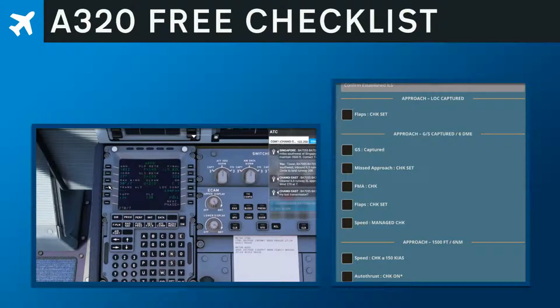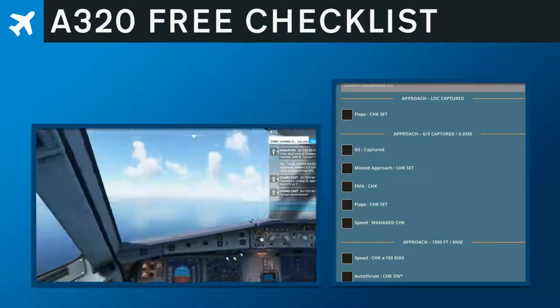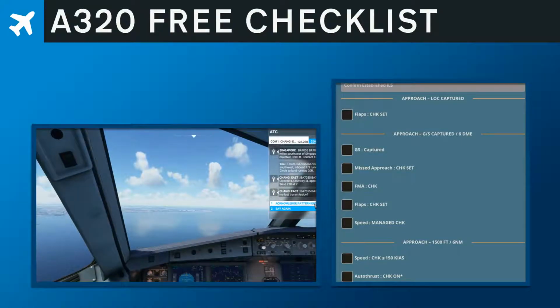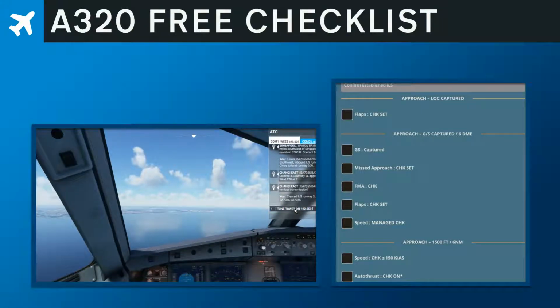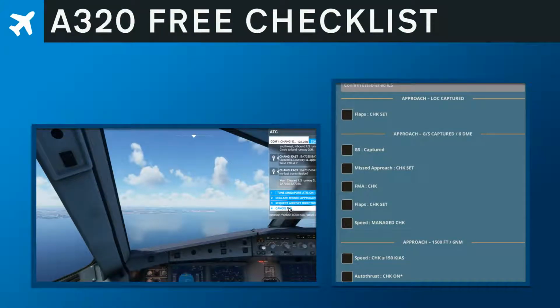BA 7055 Bravo Alpha 7055. Did you hear my last transmission? Cleared ILS runway 2 left approach BA 7055 Bravo Alpha 7055. Singapore Airport information Yankee 0700 Zulu. Wind 270 at 7. Visibility niner. Sky condition few clouds at 2,500 feet.